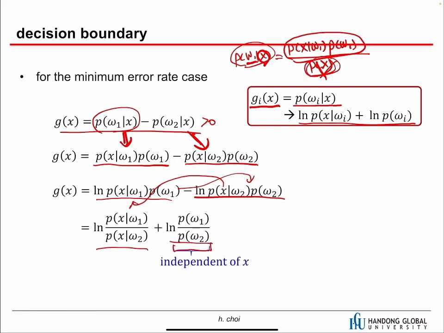This one is about the prior. If we have no idea about the prior information, then we can ignore this. If p of w1 is higher than p of w2, if we know that kind of information before looking at the data sample, then we can use this term. But anyway, this term is constant. It has nothing to do with x. So we can focus on this one.